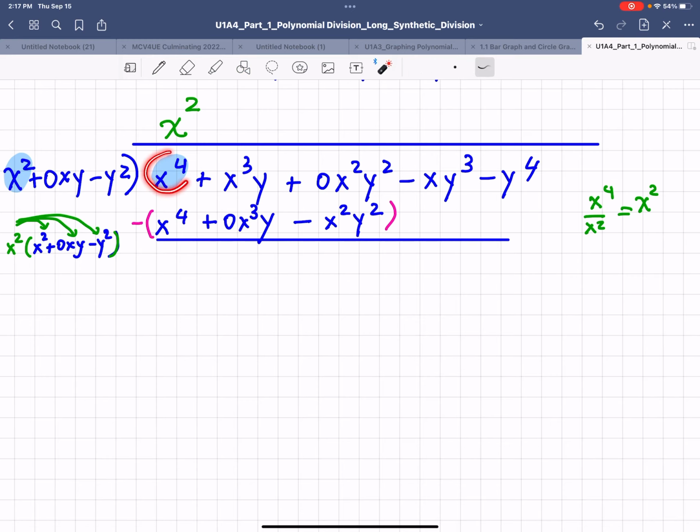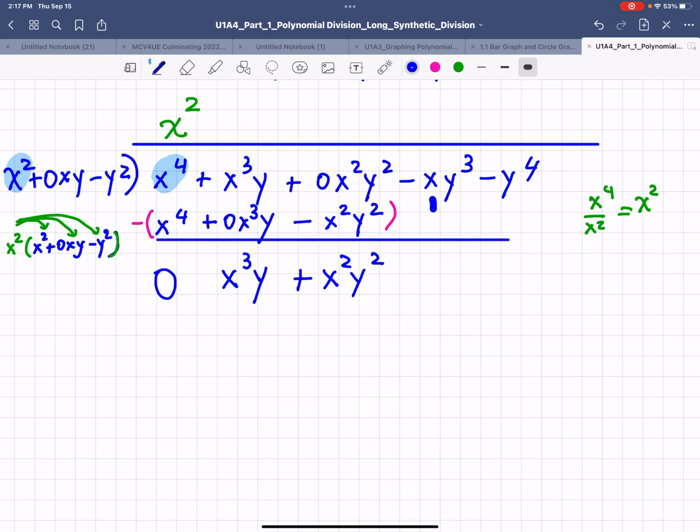And we have x to the 4 minus x to the 4, 0. Next, we have x cubed y minus 0x cubed y, 1x cubed y. 0x squared y squared minus negative 1 x squared y squared makes positive x squared y squared.